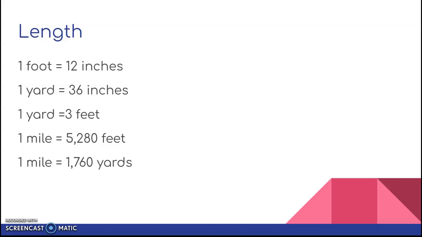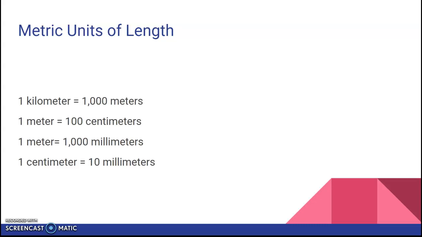So for length you should know 1 foot equals 12 inches, 1 yard equals 36 inches, 1 yard also equals 3 feet. 1 mile would be 5,280 feet. 1 mile equals 1,760 yards.